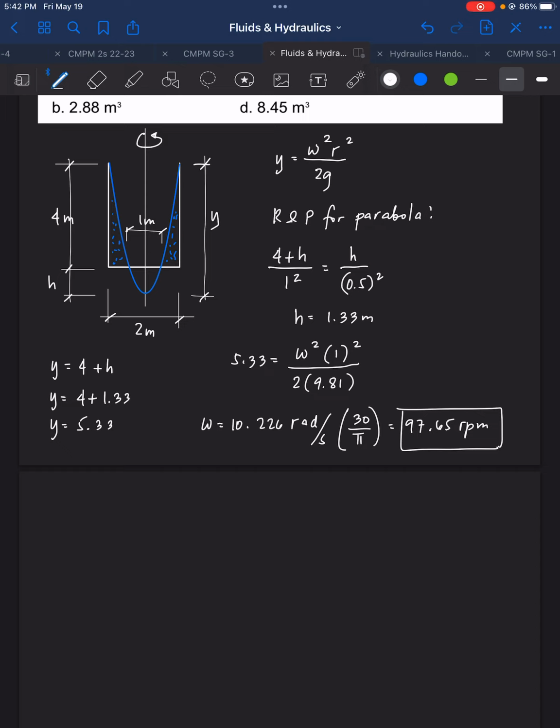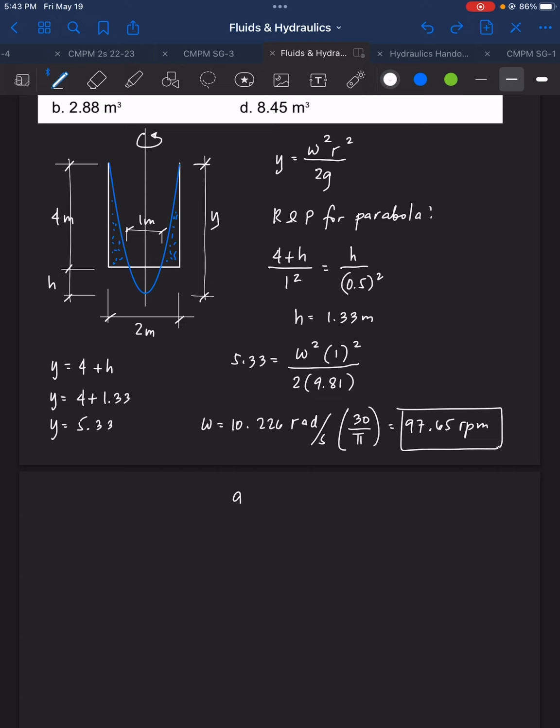Take note, RPM is greater than rad per second. So if you're dealing with conversion, the value in RPM is greater than the value in rad per second. Therefore, you need to multiply by 30 over pi.